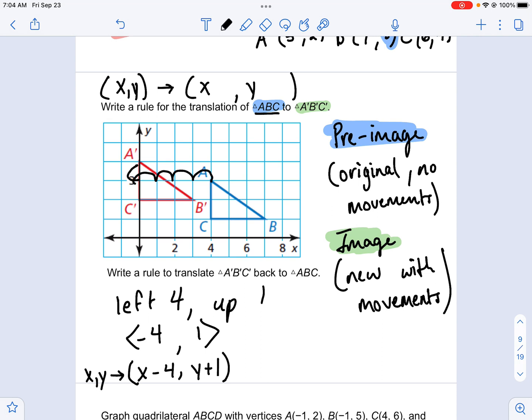There you go. Now it says write a rule to translate ABC prime back to ABC?